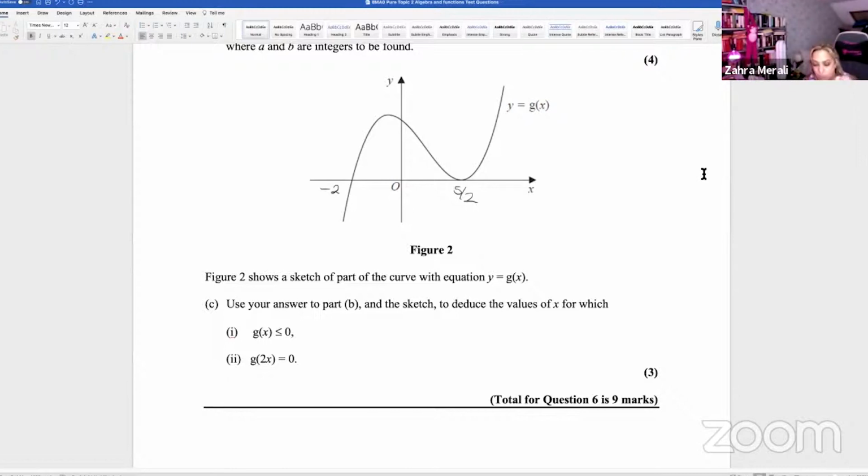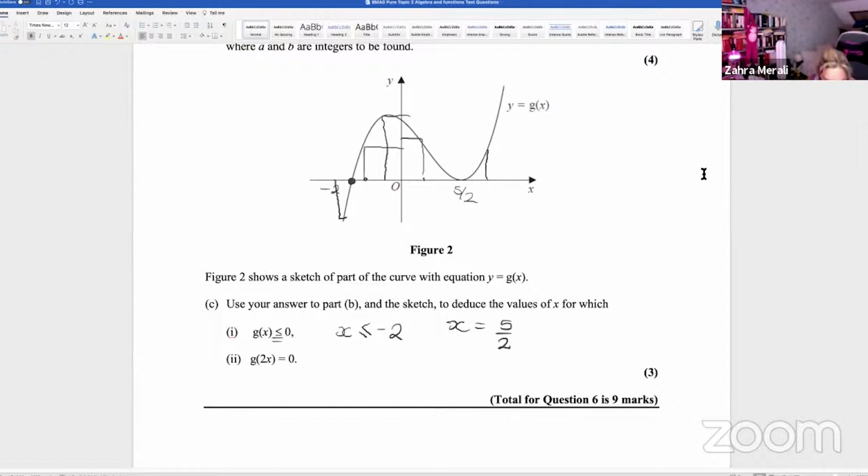If I was to pick an x value anywhere between here, every single x value would give me a positive y value. Well, no. Even here, everything's going to give me a positive y value. The only place I'm going to get a negative value is after this point here. So that's when x is less than or equal to minus 2. But because we've got equals 0 as well, we can't forget x equals 5 over 2.